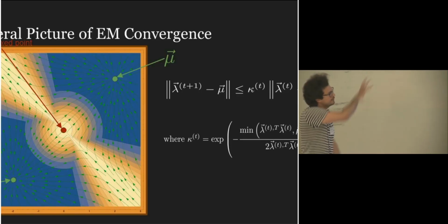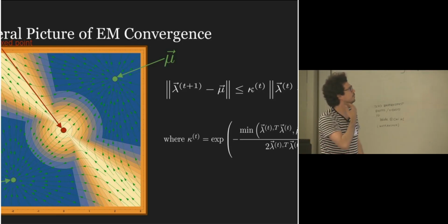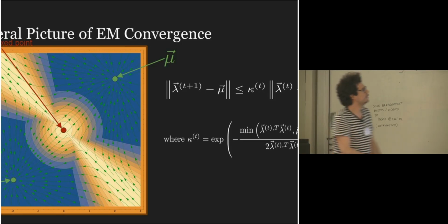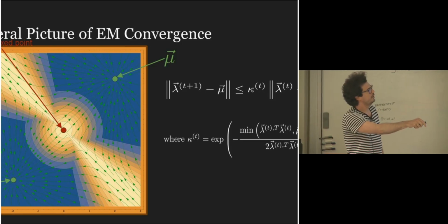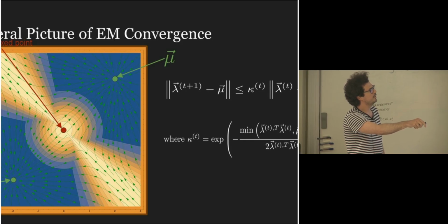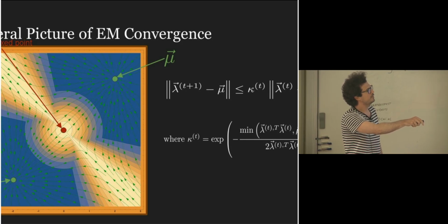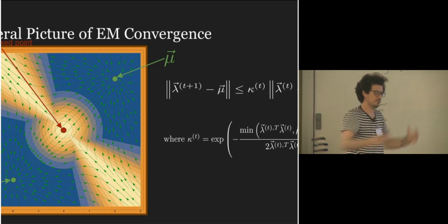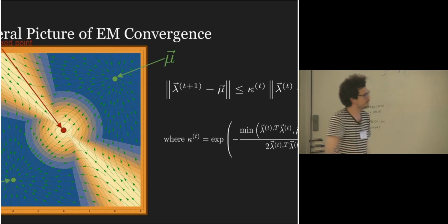Summarized by this picture, this is the generic picture of what happens in this model. At every step, you're improving your distance to the truth, this is Mahalanobis distance, by some factor that depends on where you are. And in fact, this factor becomes better as you keep moving, so you're accelerating your speed towards the truth.